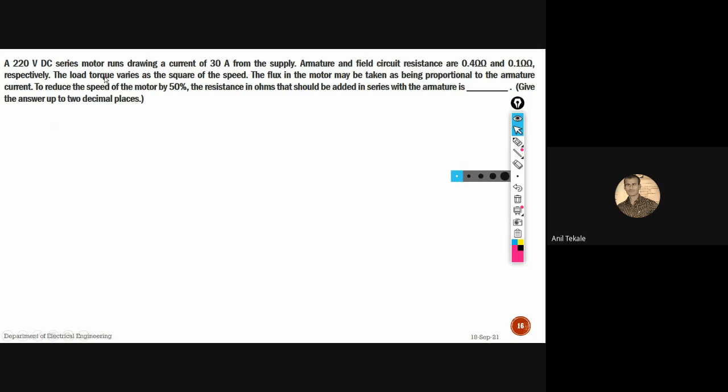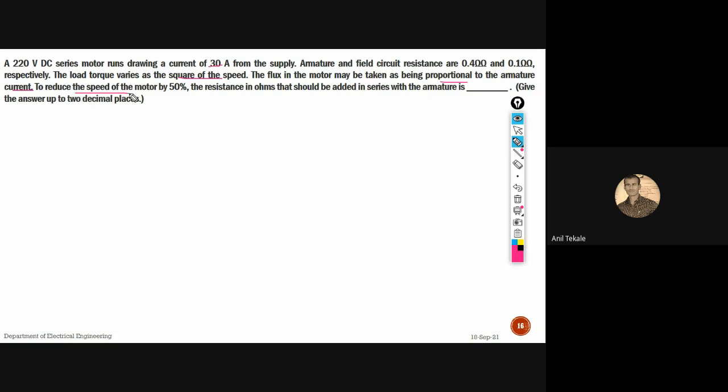Okay, so a 220 volt DC series motor is given with a load current, armature resistance, field resistance. Load torque varies as the square of speed. Flux in the motor may be taken as being proportional to the armature current.